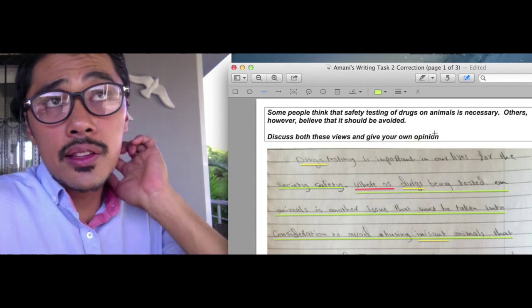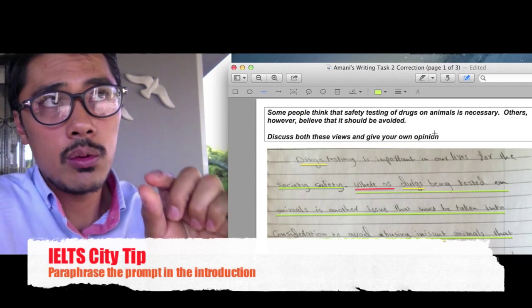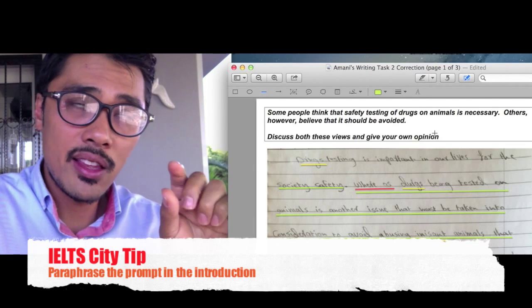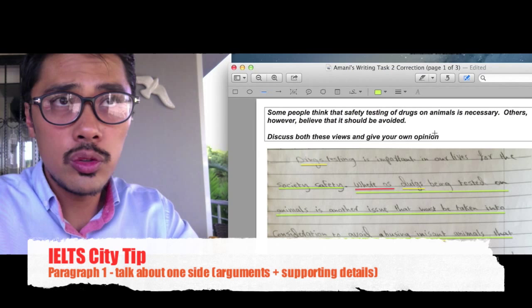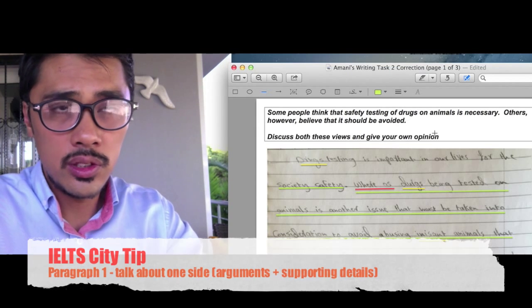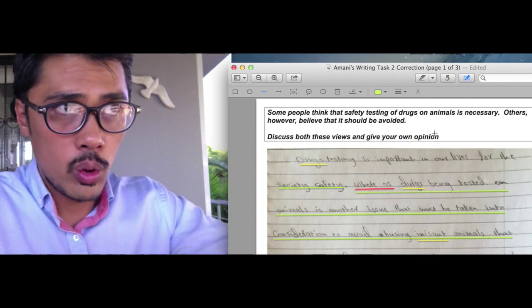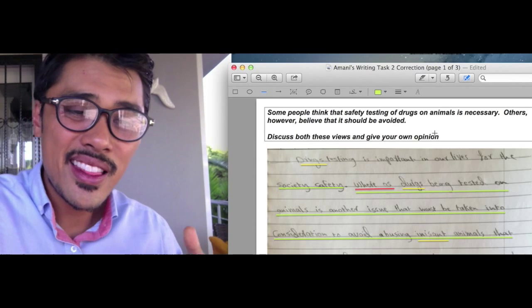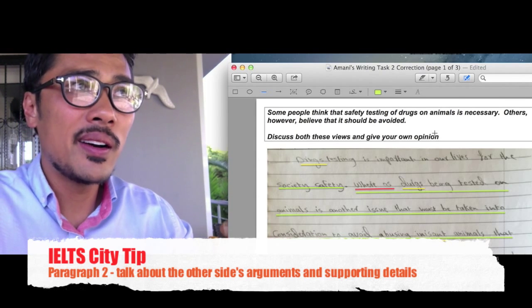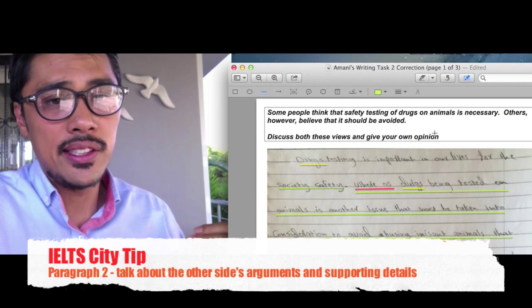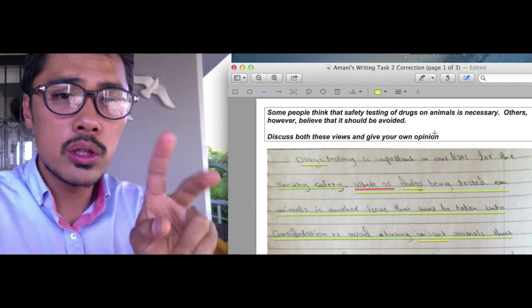So you could probably do better by writing your introduction and then the first paragraph talking about why it's good to test drugs on animals before we roll them out for society. And in the next paragraph, talk about why it might not be a good idea. Okay, you need to show both opinions.